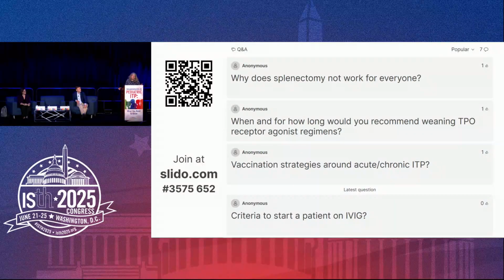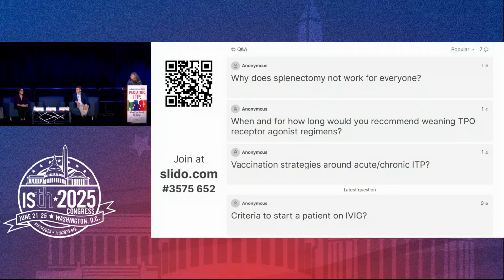I don't do a lot of marrows on patients, so it's rare for me to come across the reticulin problem unless somebody has really got some other indication that their marrow is under stress and I feel I need to do the bone marrow. I usually will do a really thorough immune evaluation in that patient. And I worry that it's an inflammatory ITP that they have, and there's something else that's driving inflammation that's causing that reticulin fibrosis.